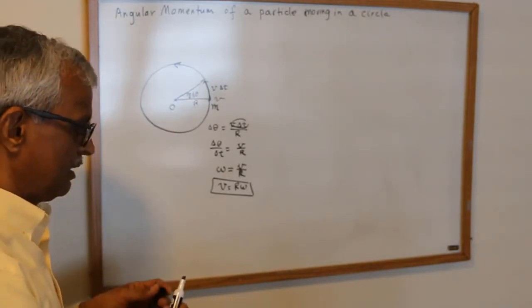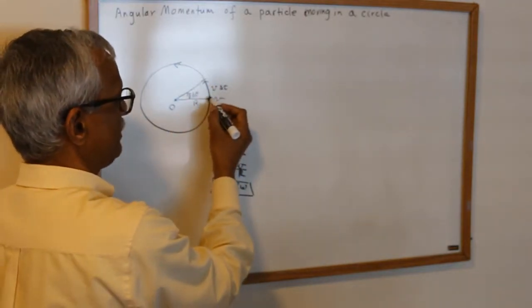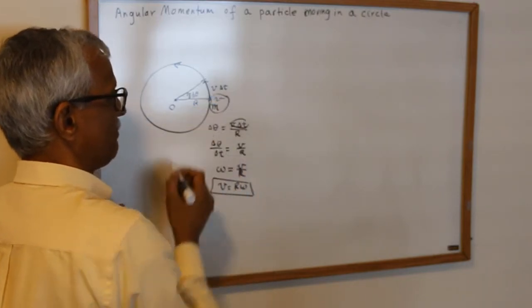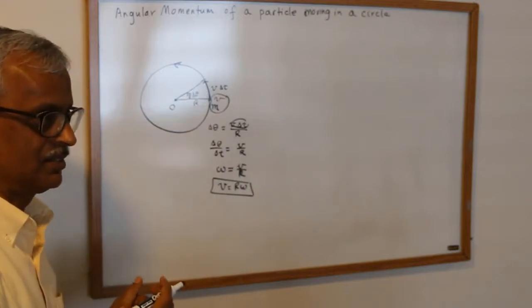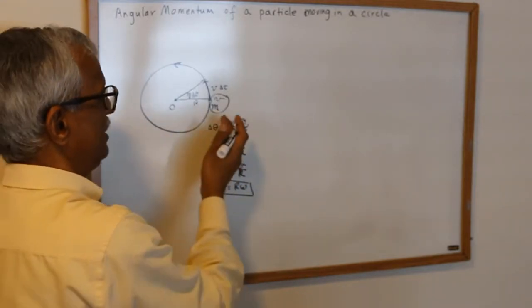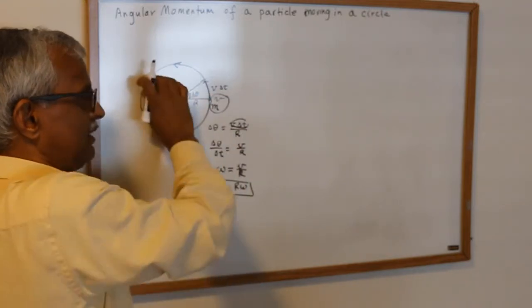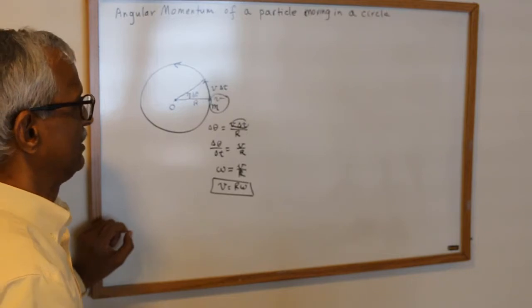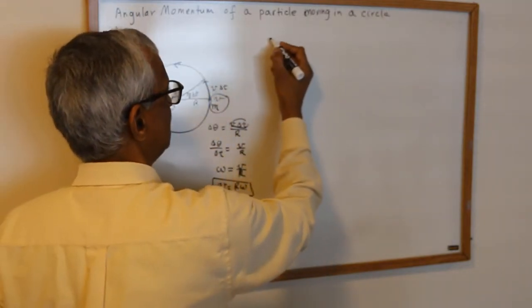Similarly, if you look at the momentum of this thing, momentum tells you how things are moving and what the mass is that's moving, right? If I want to relate this to the angle it subtends, that's when we discuss angular momentum. So let's look at it. Angular momentum.